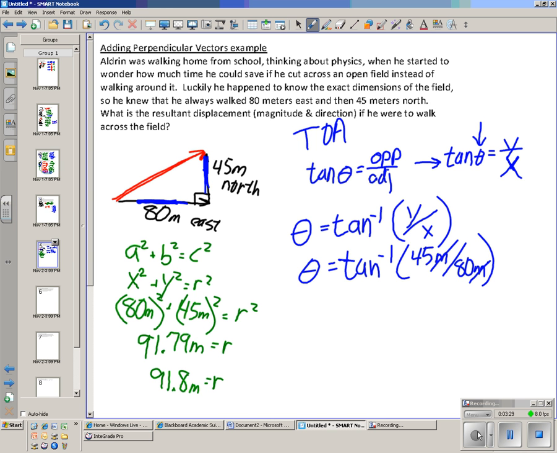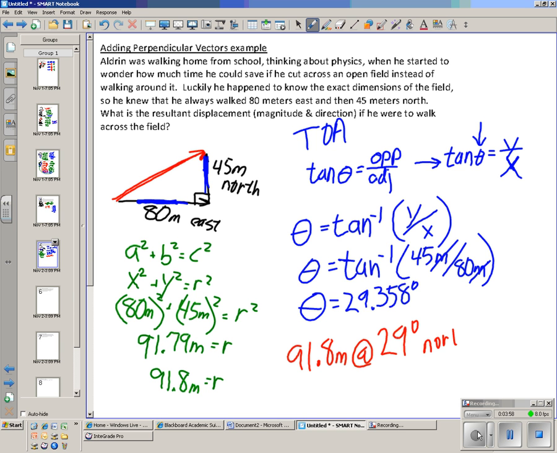And let's see, we get our answer as 29.358 degrees. So our resultant is going to be 91.8 meters at about 29 degrees, and that's going to be north of east.